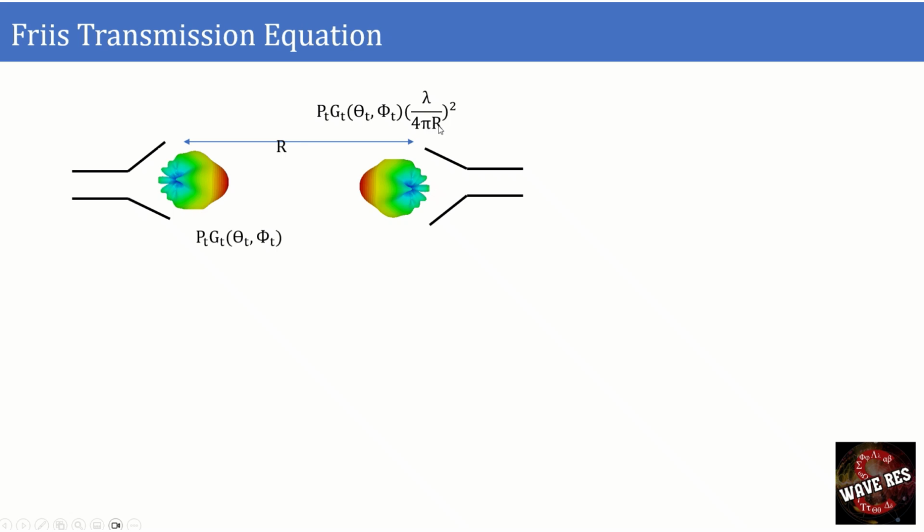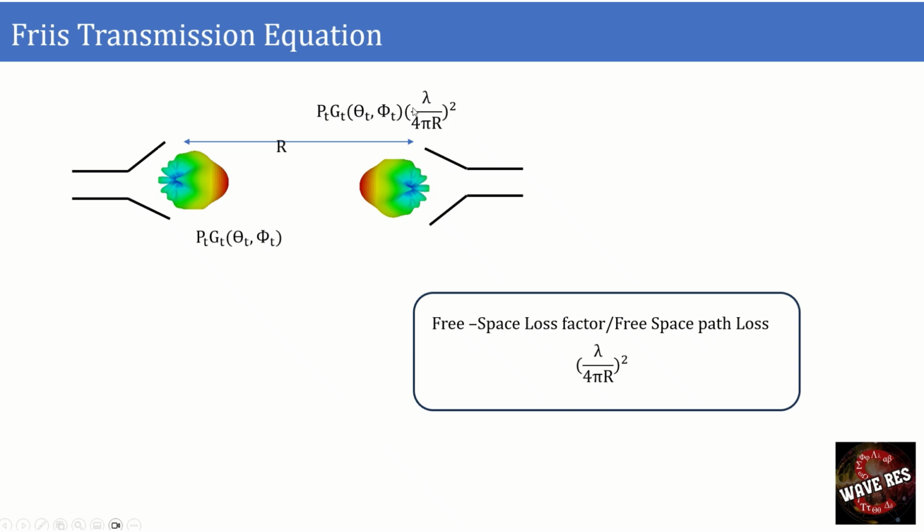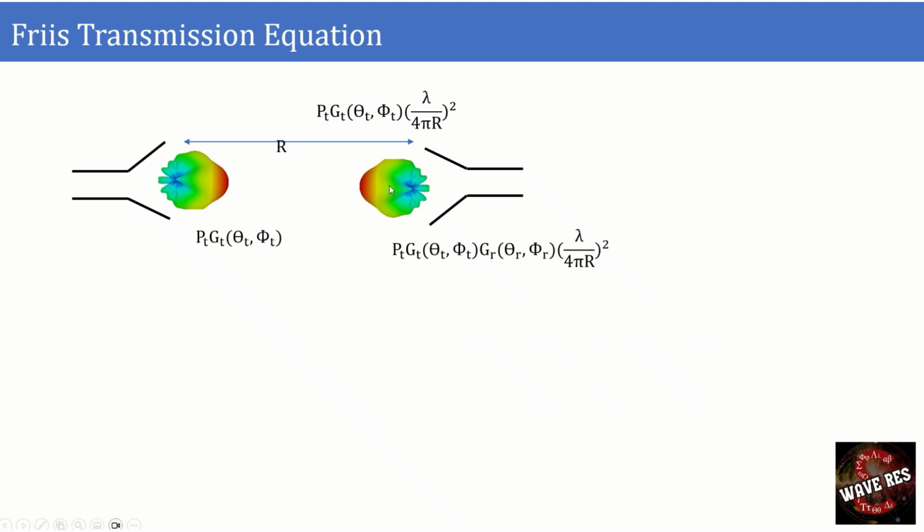With respect to distance r, the total power gets reduced, because the power is inversely proportional to the distance squared. This factor (λ/4πr)² is known as the free space loss factor or free space path loss. This is the loss given by the free space path between the transmitter and the receiver.